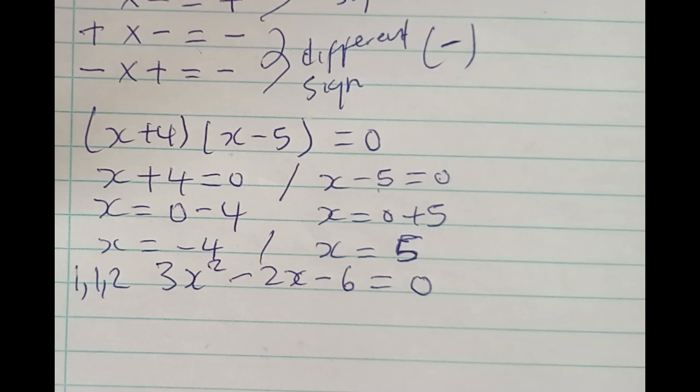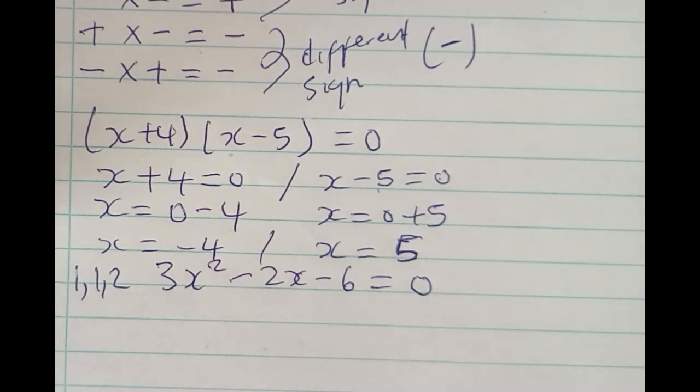So when our answer is in decimals, we should use the quadratic formula, because getting the factors of that trinomial will be a little bit tricky. So we have to use the quadratic formula so that we can get our values and round them off to 2 decimal places.